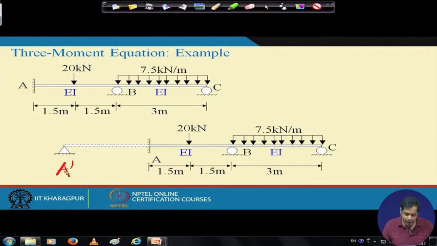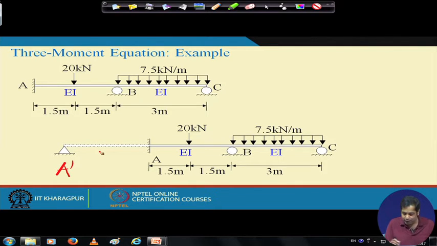Okay. Now, since at point A the displacement and the rotation are all constrained, all degrees of freedom are restricted, we can assume that if we extend the beam up to an imaginary length A dash, that could be any value, then there is no deformation in this extended part of the beam.